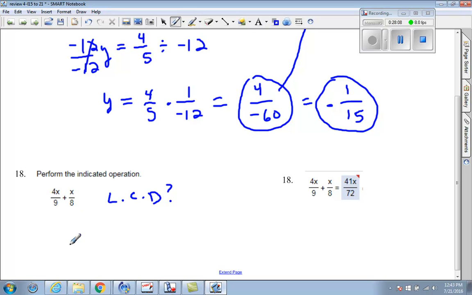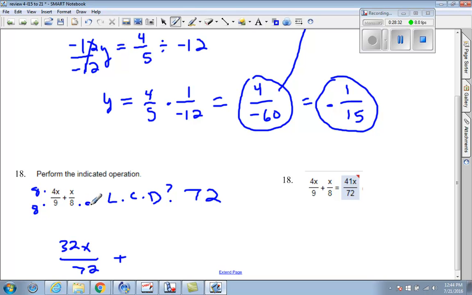72. So I always like to do the do-do rule. 72 is the LCD. How does 9 become 72? Times by 8. Whatever you do to the bottom, you've got to do to the top. So 8 times 4, we're going to have 32x over 72. Plus, and how does 8 get to 72?